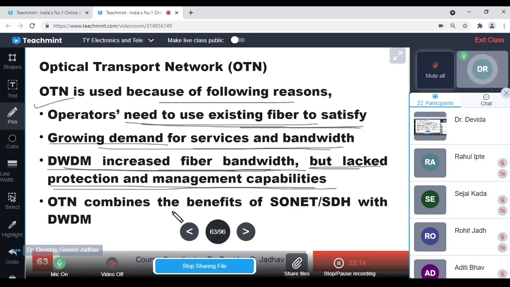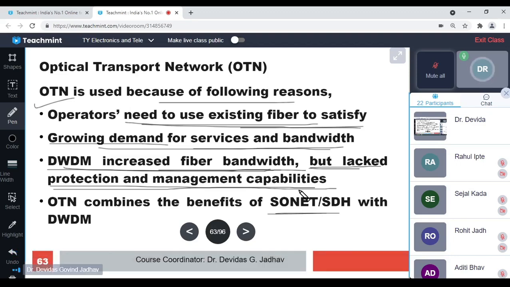But OTN then combines the benefits of SONET SDH with DWDM. Okay, OTN combines the benefits of protection and management capability, which are features from one protocol.